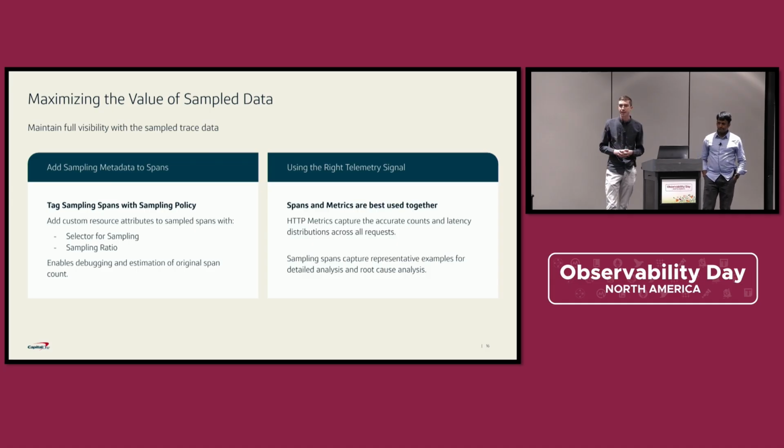Using those to get accurate counts means you don't need every span to understand the rate of your system. But if you're coming from a world where you were sampling everything to a world where you're not, your developers are probably going to just bias into that span counting behavior. So building tools and rules and guides for how to translate those tools, alerts, and dashboards over to use metrics can make that transition easier.